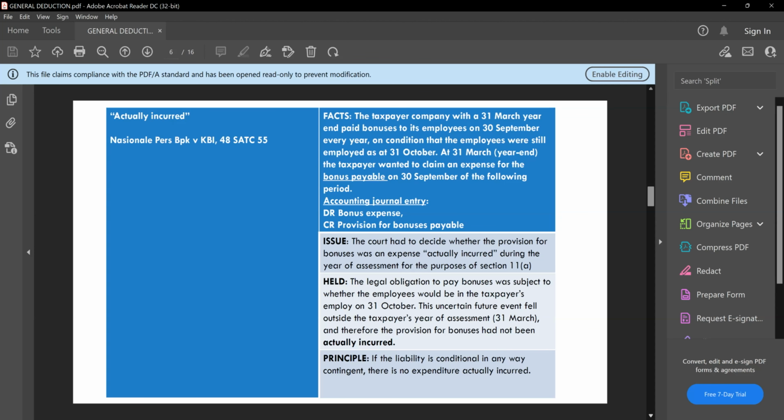But if you don't know these tax case principles, you may treat that as a deduction in the current year of assessment, whereas it can't be deductible if it's contingent upon a certain event taking place or if it is conditional in any way.